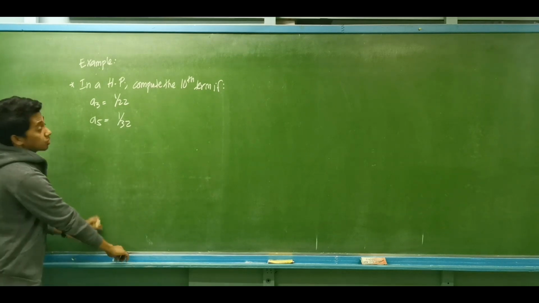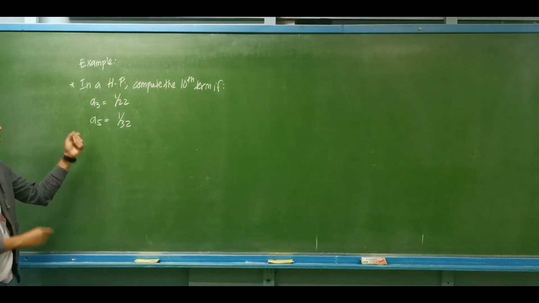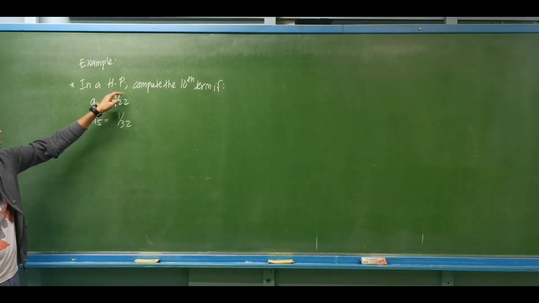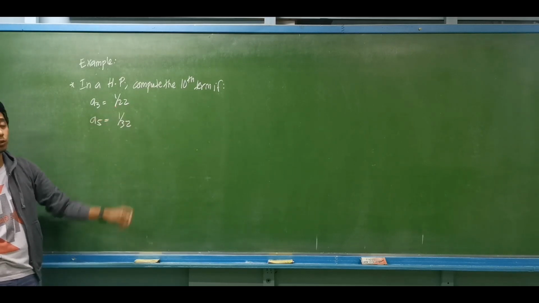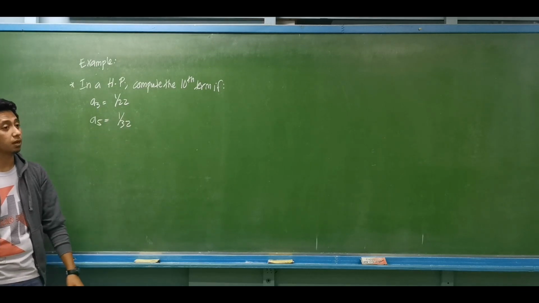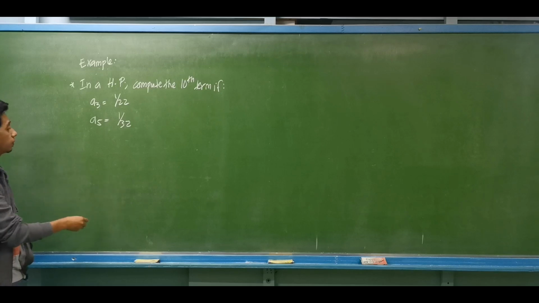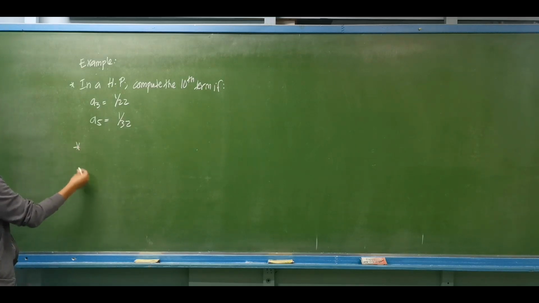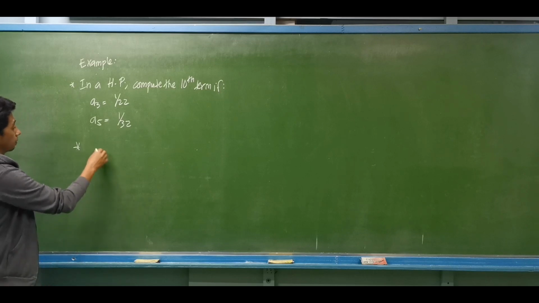Let's have another example for harmonic progression. For example, in a harmonic progression, compute the 10th term if the third term is equal to 1 over 22 and the fifth term is equal to 1 over 32. How do we compute for the 10th term? First, we convert the terms into arithmetic progression.